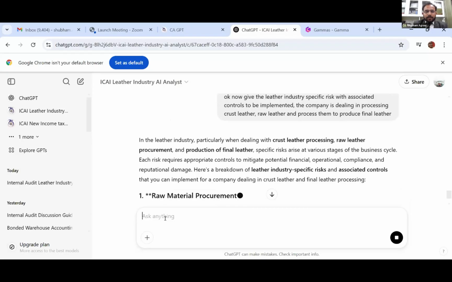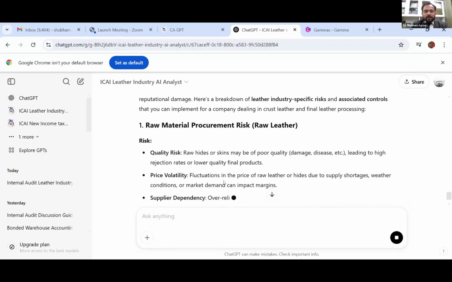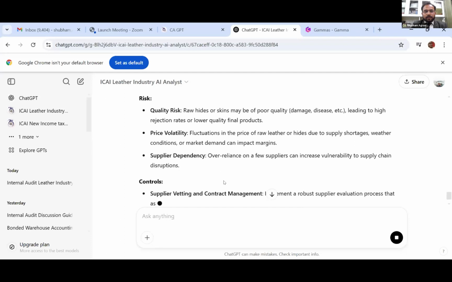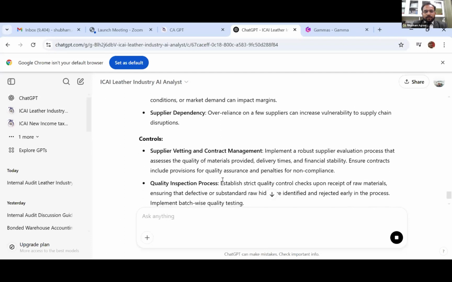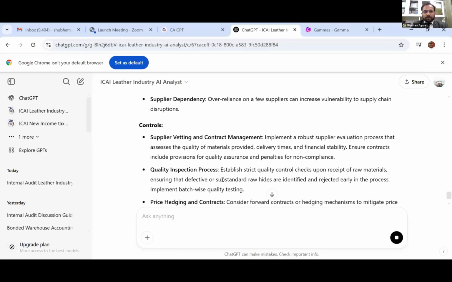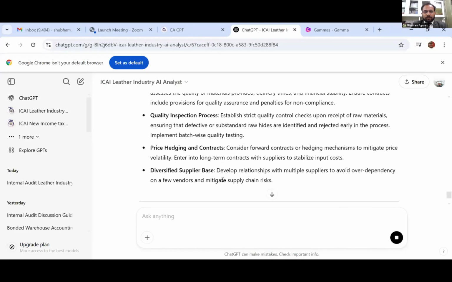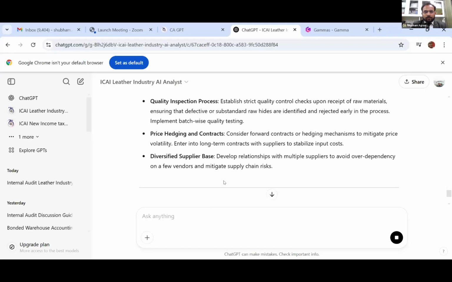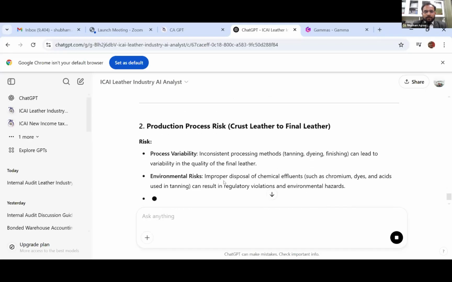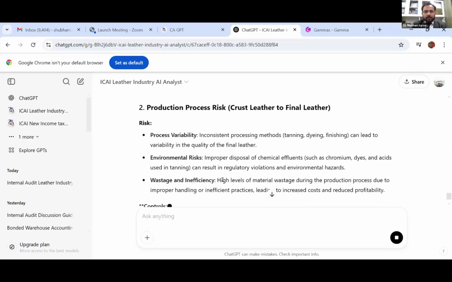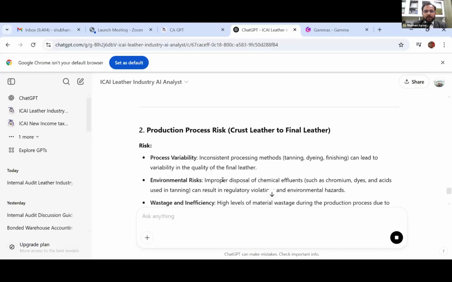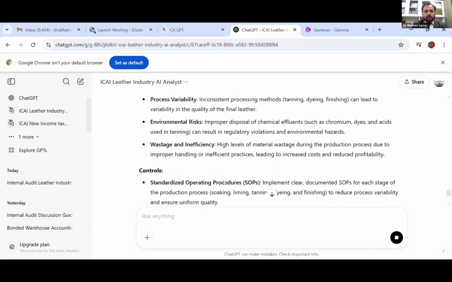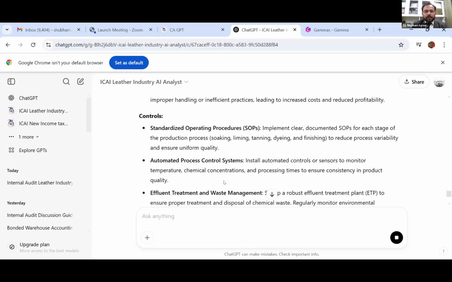First, it will explain to us the risk. What are the risks associated with the risk area, and then suggest the controls. What control should be implemented there? Production process: risk related to production process, and what standard control should be implemented there.